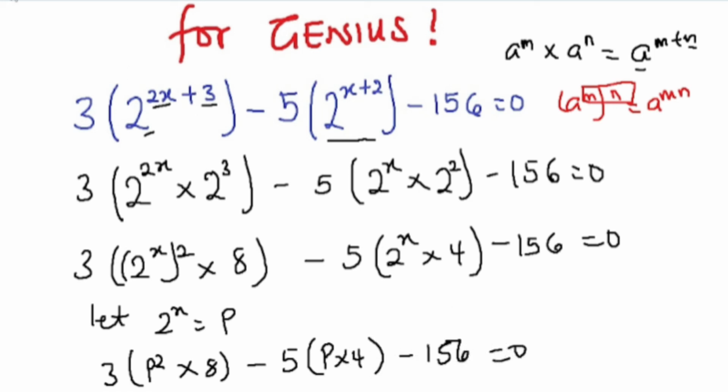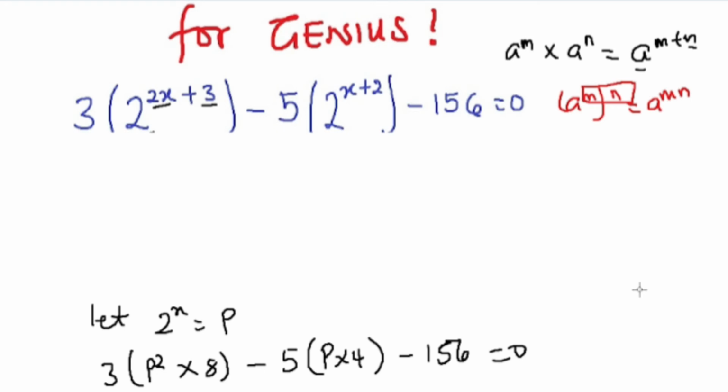Okay, good. So let's clear up this side so we can have a clear board. In that case, 8 times 3 is 24p squared. I multiply this 3 and this 8 together, so minus 5 times 4, that's 20p. Then I have minus 156 is equal to 0.